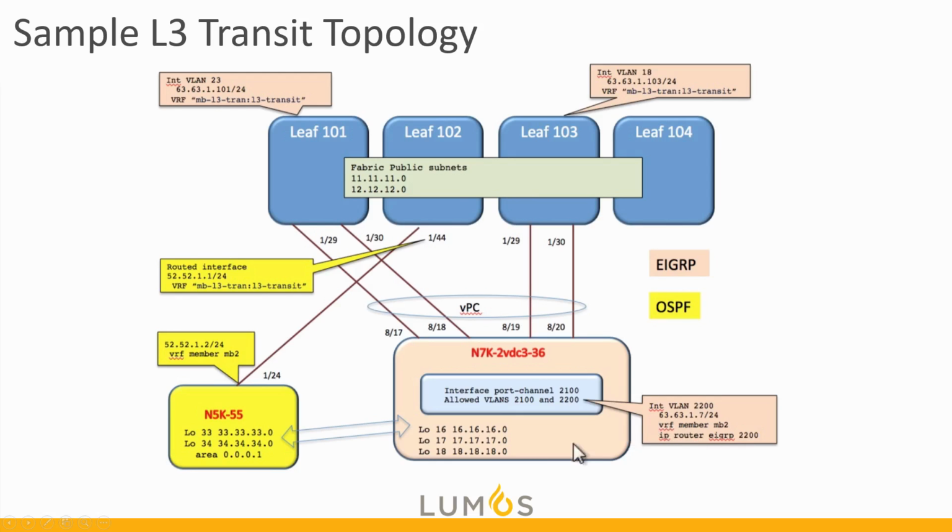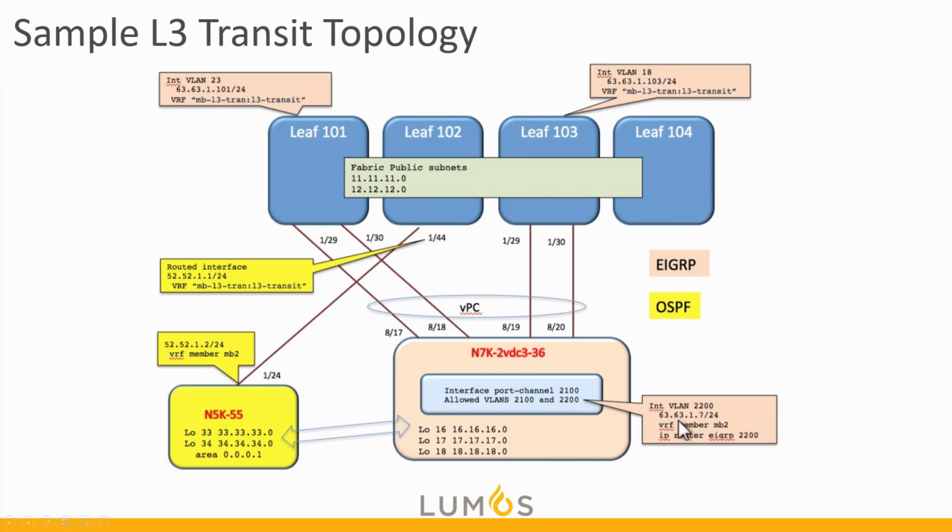It doesn't really matter because we're not running MPBGP. We're not exchanging route target or route distinguisher. I always say the wrong name. So we are running IP router EIGRP for the AS of 2200 on that SVI 2200 for VLAN 2200.